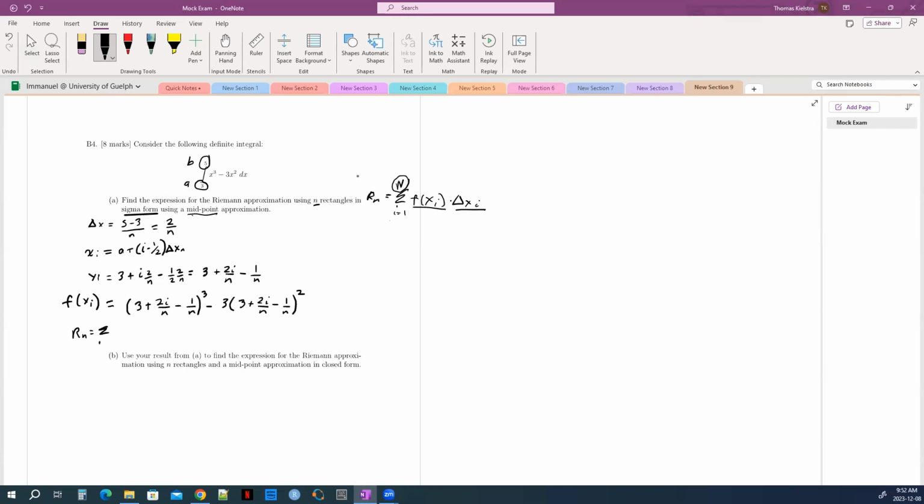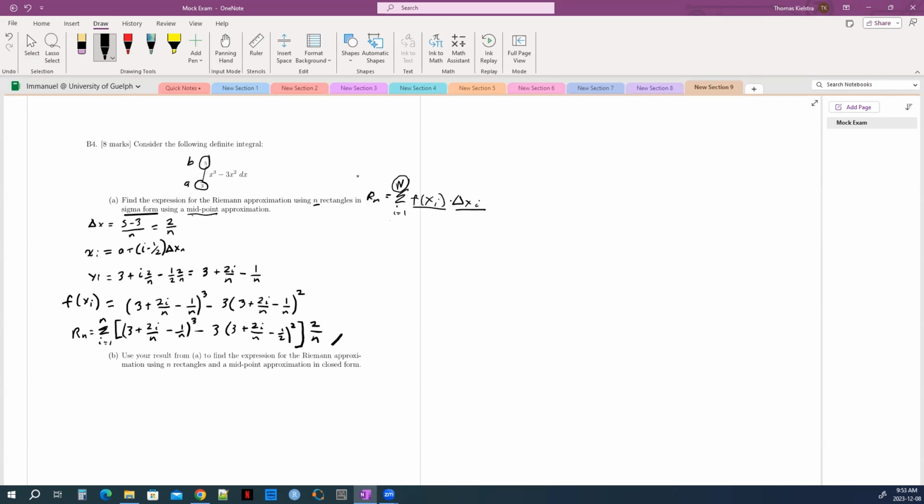Rn equals the sum of i equals 1 to n of 3 plus 2i over n minus 1 over n, all cubed, minus 3 times 3 plus 2i over n minus 1 over n, squared, all times 2 over n. And this is what we're looking for.